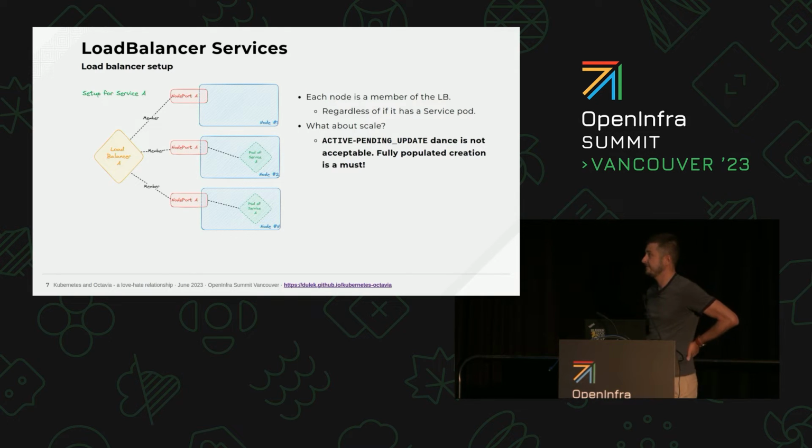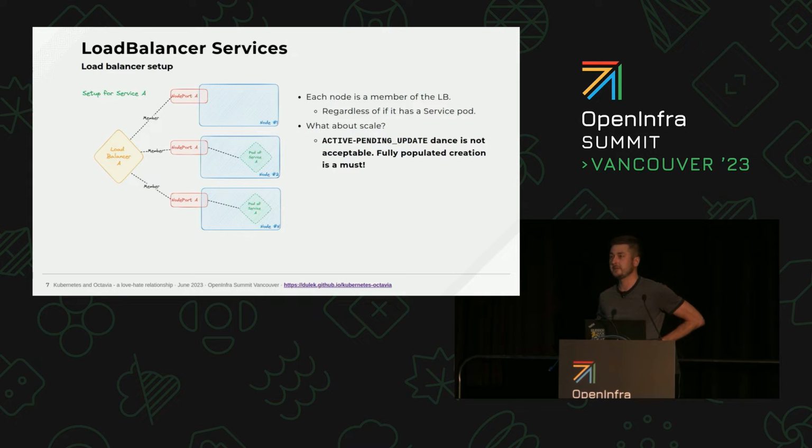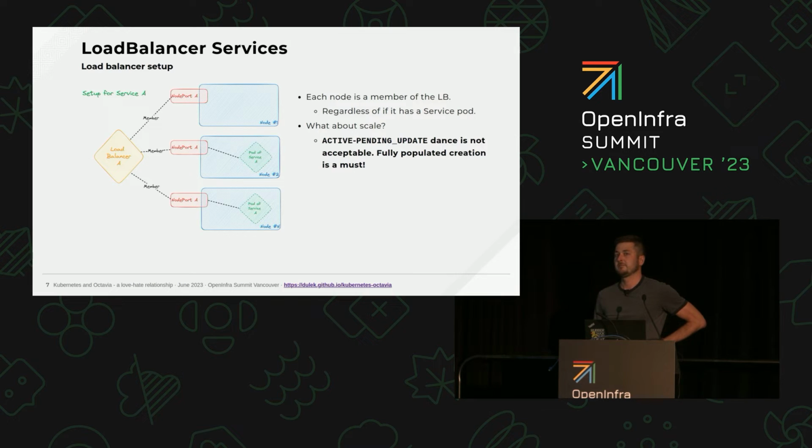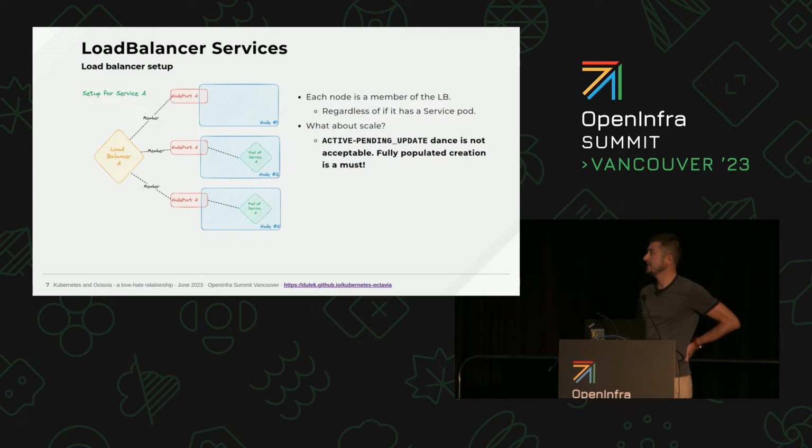Like, what happens if you have 100 nodes in your Kubernetes cluster? Well, Octavia is pretty much fine with that. But if you had the old in-tree cloud provider, which doesn't have access to the features of Octavia, you needed to add the members of the load balancer one by one.